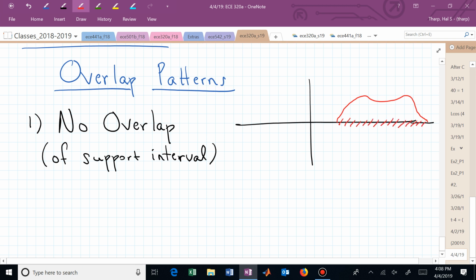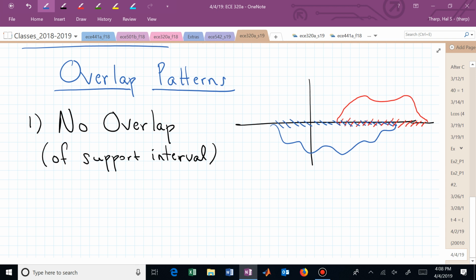My crosshatching is marking the interval of support, where that waveform is non-zero. And it could have been negative, that waveform, and that crosshatch would be the same place. Now compare that relative to this waveform, which has an interval of support that I'm hatching with blue.